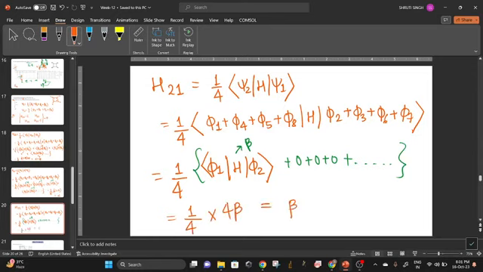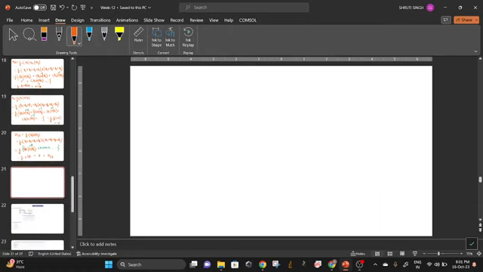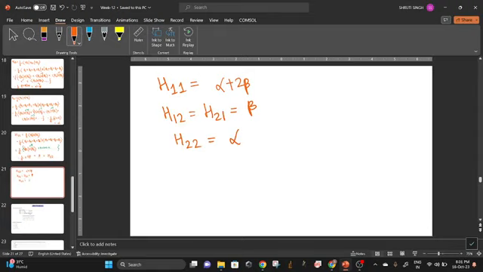So H21 will be beta, and likewise H12 will also be equal to beta. So we have now got H11 equals alpha plus 2 beta, H12 equals H21 equals beta, H22 equals alpha.